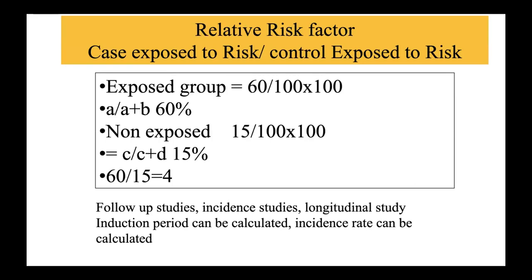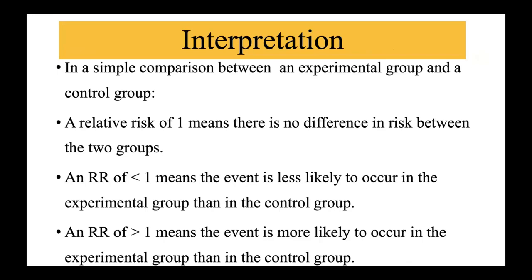We want to see the exposure and the outcome. If the relative risk is less than 1, there is no association between exposure and the outcome. And if it is greater than 1, then there is a definite association between the risk and the outcome. So this was about the cohort study.